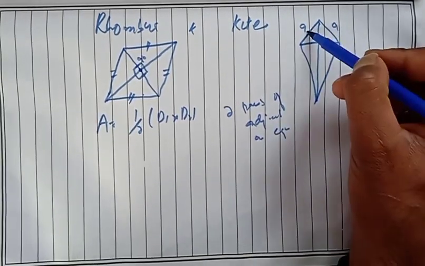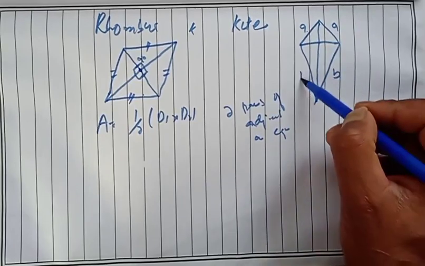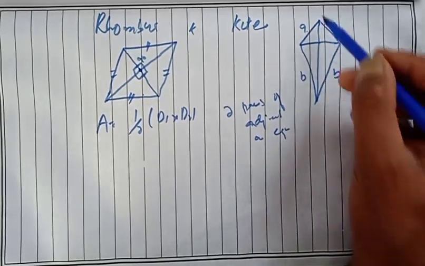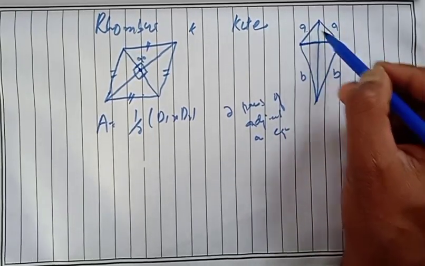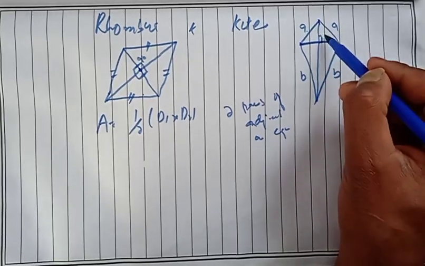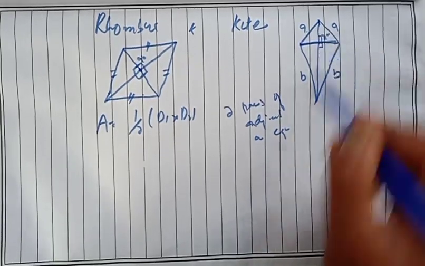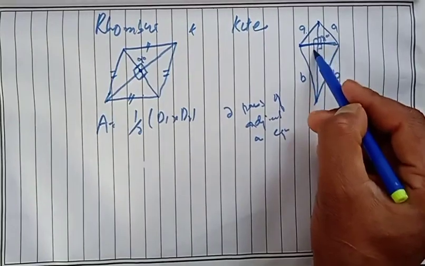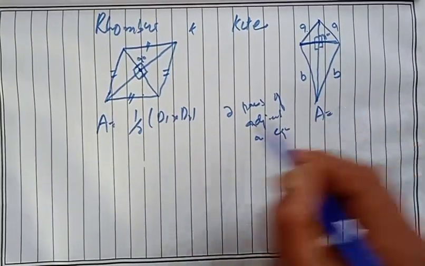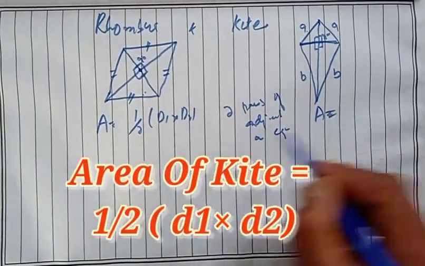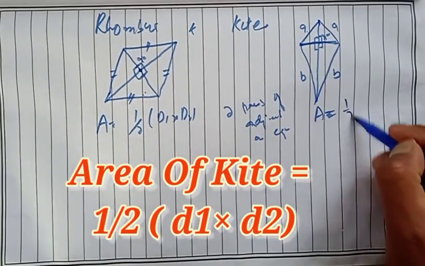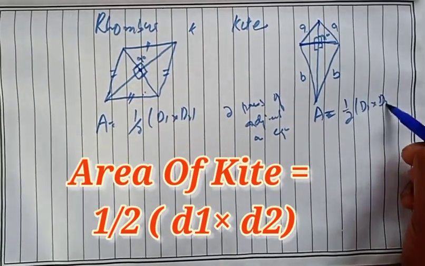That is, this is A, this will be A. If this is B, this one will be B. Its diagonals also intersect each other at the point of intersection and form a 90-degree angle, like the rhombus, and its area is also written with the same formula as the rhombus, that is 1/2 diagonal 1 into diagonal 2.